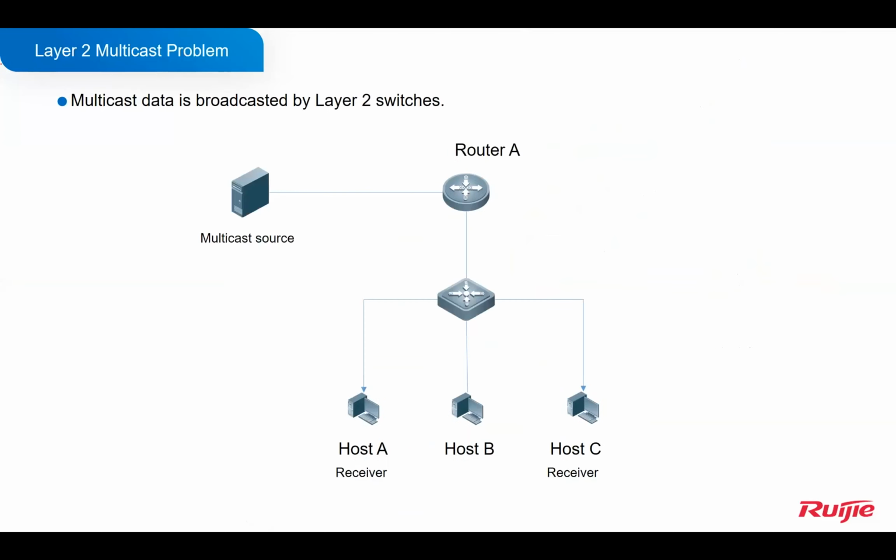After this, we can see some problems that may happen in our multicast Layer 2. So what are the problems? When the multicast source or server sends the traffic to our router, the router will broadcast this packet to host A, host B, host C, even though host B doesn't want to receive this traffic, but the switch still sends the packet to our host.